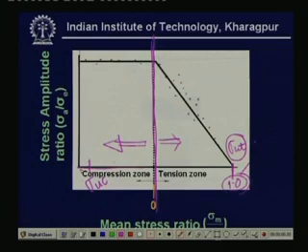See that this endurance limit, the stress ratio sigma A by sigma E, is just a parallel line to this one. What does it indicate? That really when a member is acted upon by a fluctuating load, but compressive in nature, then it has very little effect on the fatigue strength and fatigue design.